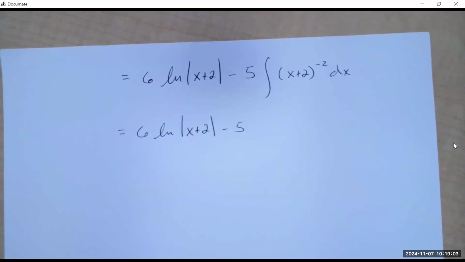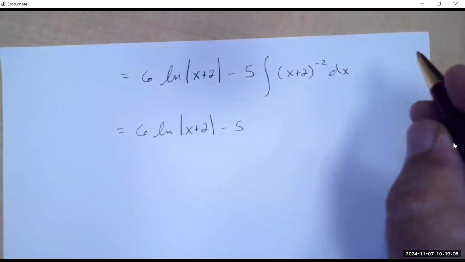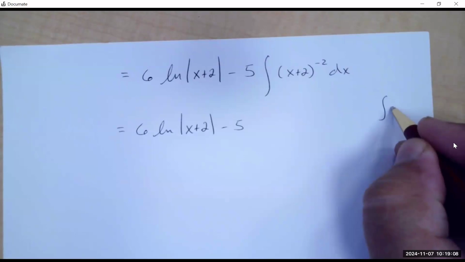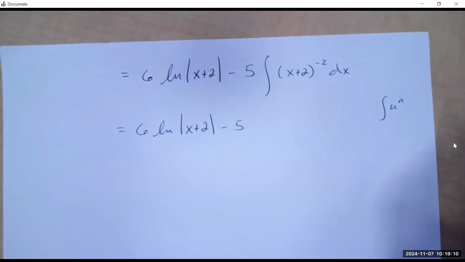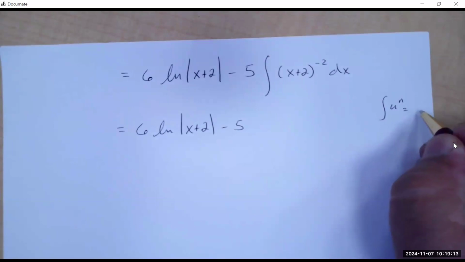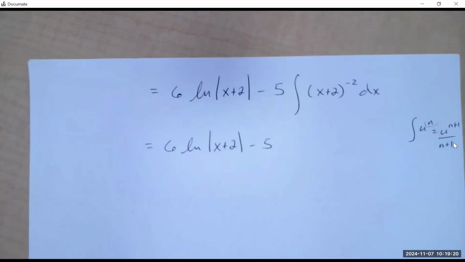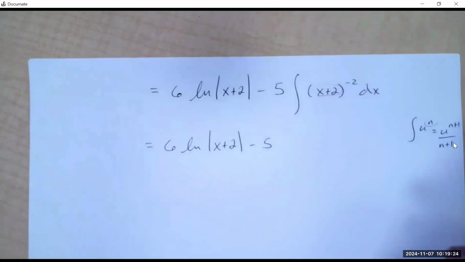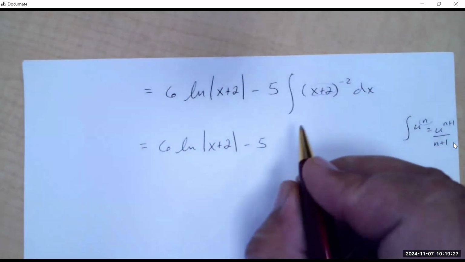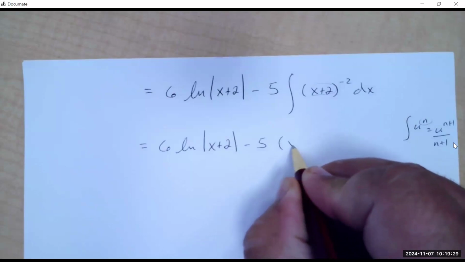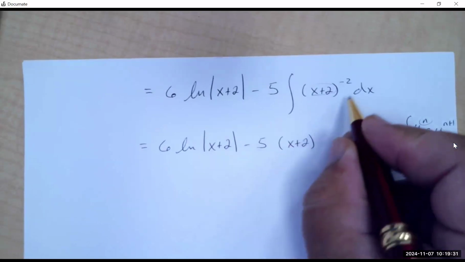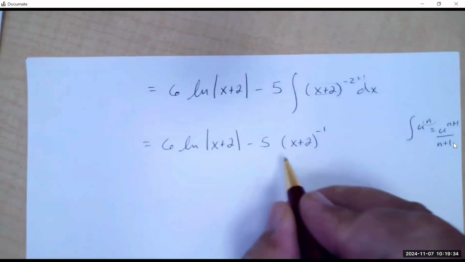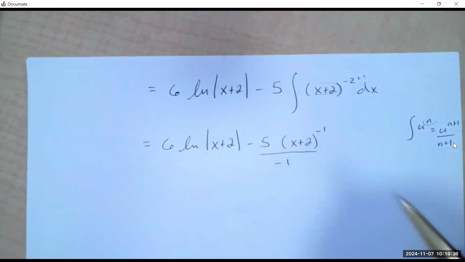Because remember, whenever you have an integral of u to the power n, it's going to be u to the power n plus 1 over n plus 1. So this one, since the derivative of the inside is just going to be 1, this is going to give us x plus 2 to the power -1 over -1.